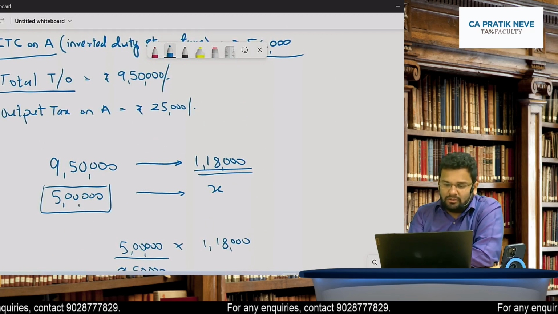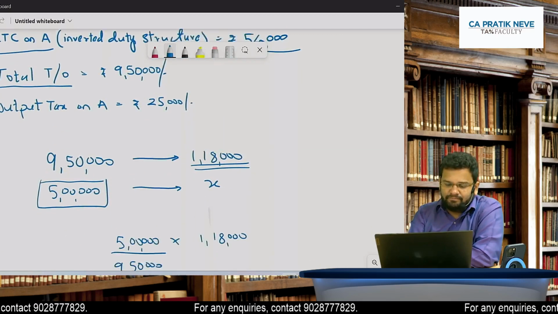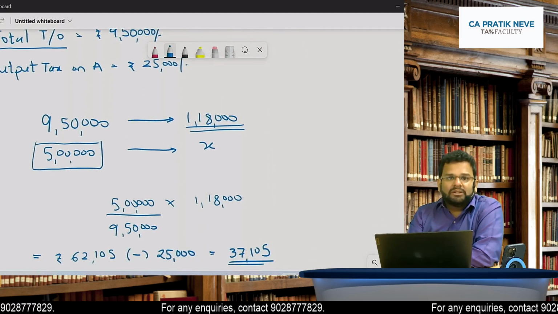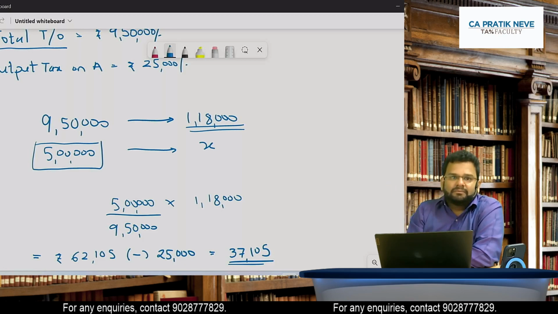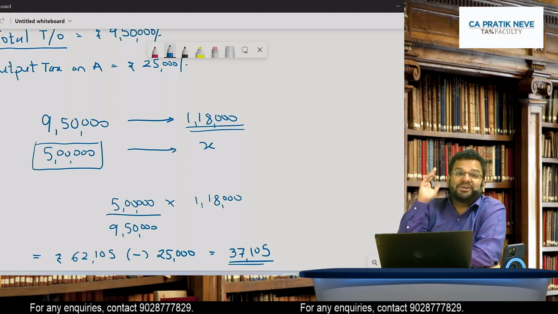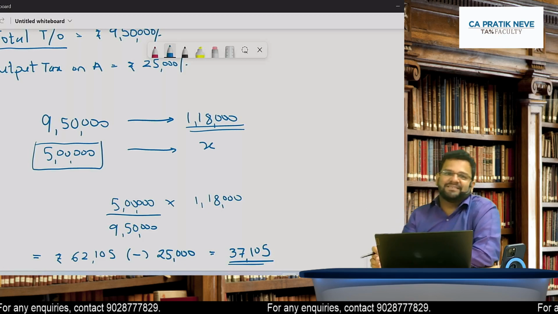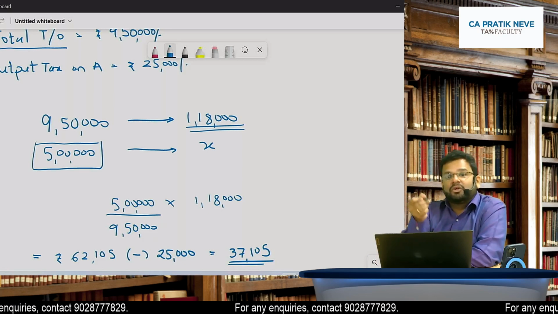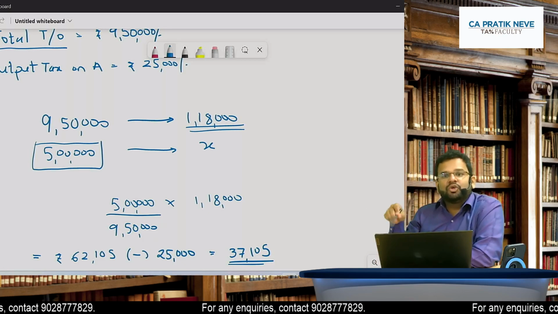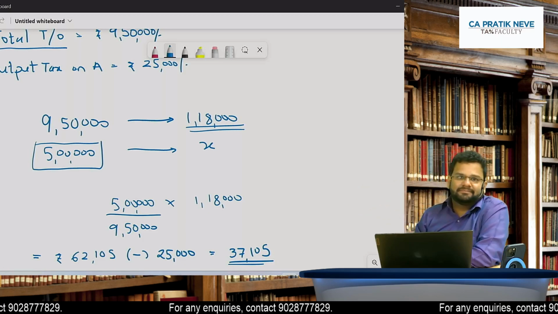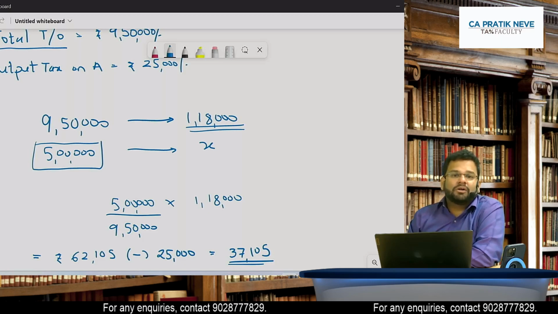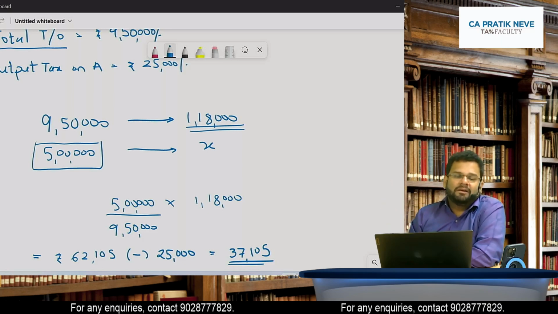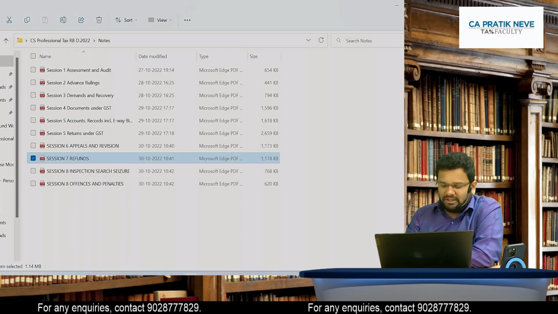So friends, what's the formula that you have used? 5 lakhs is the turnover of those goods which are subject to inverted duty structure, upon total turnover, into net ITC, minus output tax payable on the product to which inverted duty structure applies.